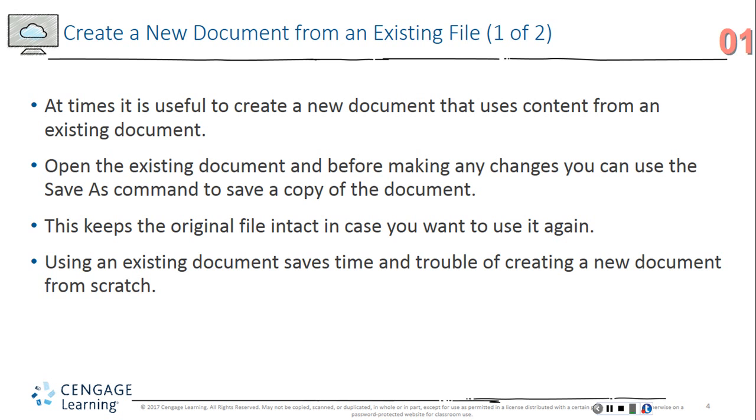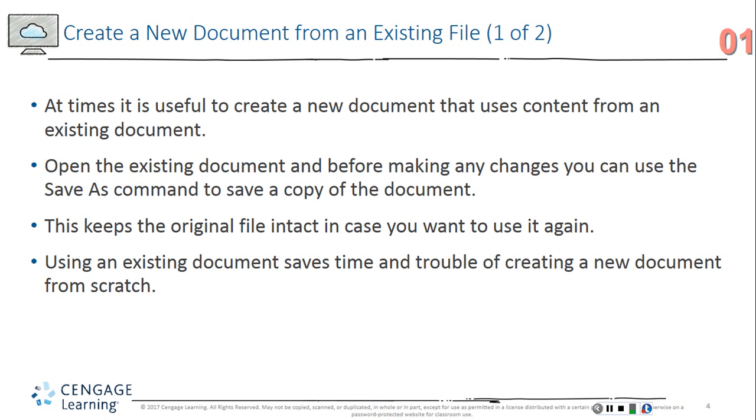The other way would be to create from a template, which gives you an outline for what your document would look like, or even just creating from a blank document. So there's 2 or 3 ways to create a new document.